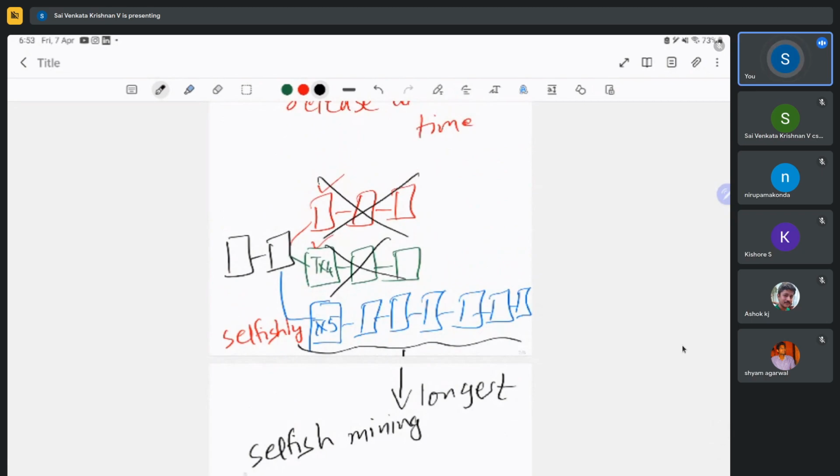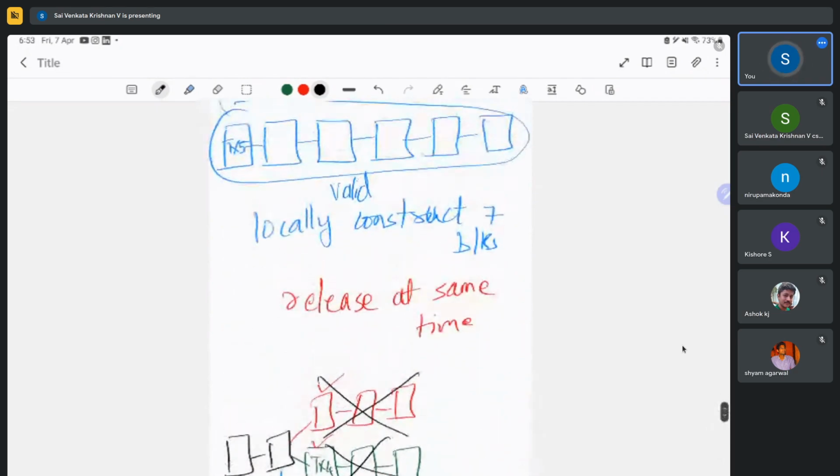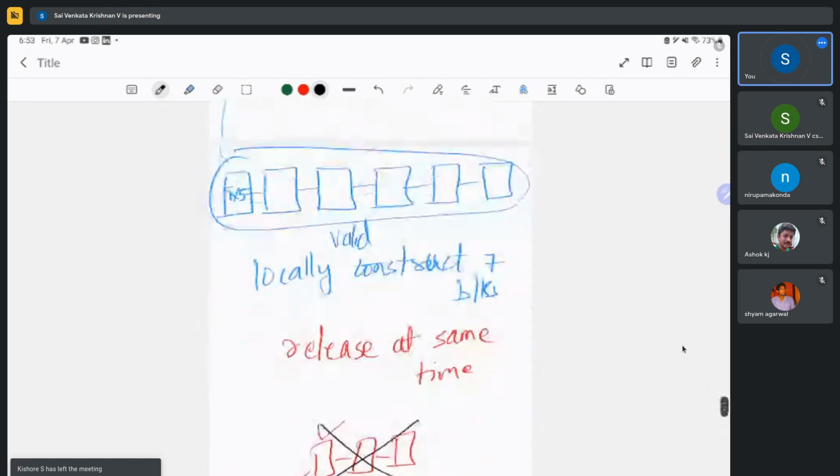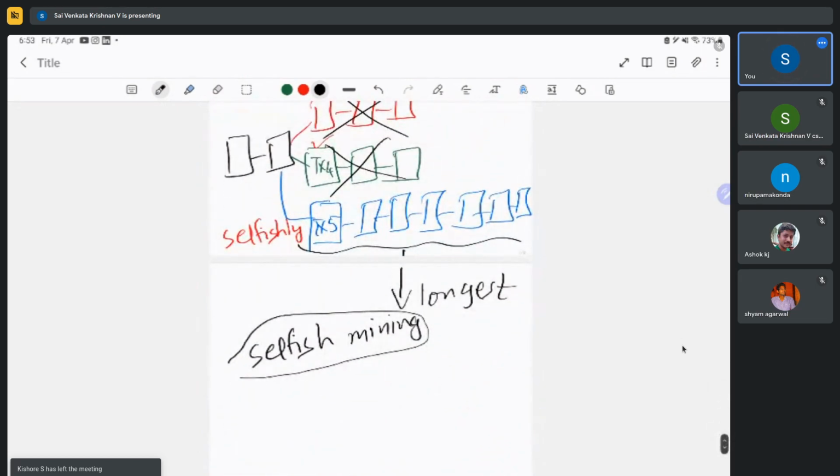And so selfish mining can be done in a normal scenario also, but specifically when we reduce the difficulty level in order to increase the transaction throughput per second, the threshold for a miner to perform this sort of strategy for double spending is reduced.